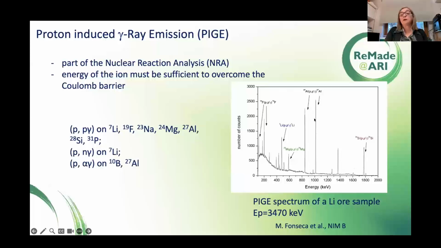And as we can measure aluminum and silicon with PIXE, and in most cases also magnesium, this information is really unique, because you can't get information about fluorine and lithium with PIXE.